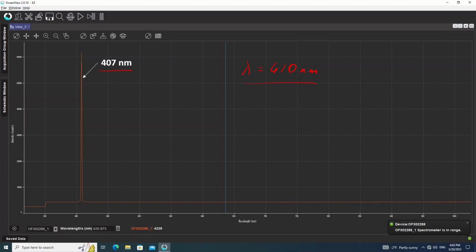I hope that this experiment was interesting for you guys as a demonstration of diffraction grating application.